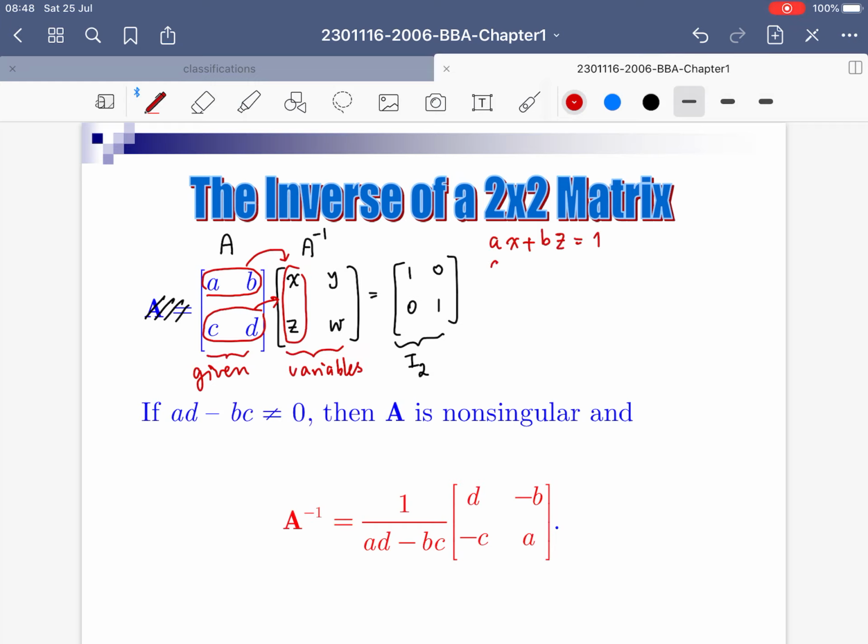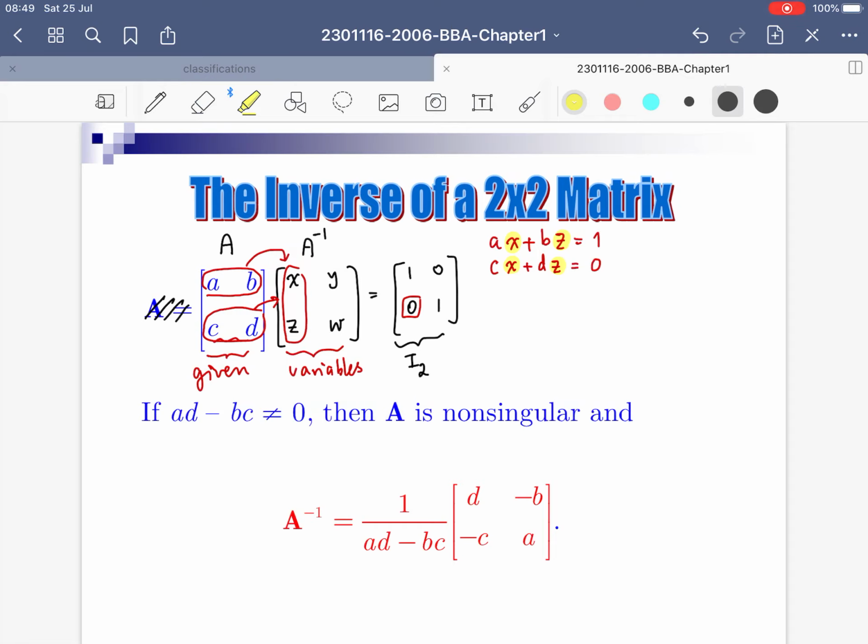So you get CX and DZ equals to the second row, the first column, which equals to 0. So you have two variables, X and Z, but your A, B, C, D are all numbers.